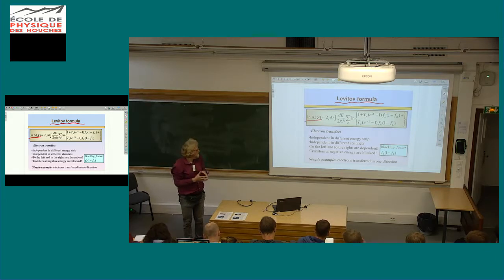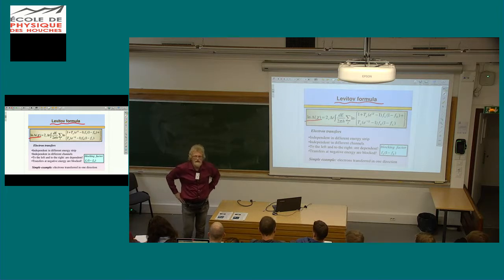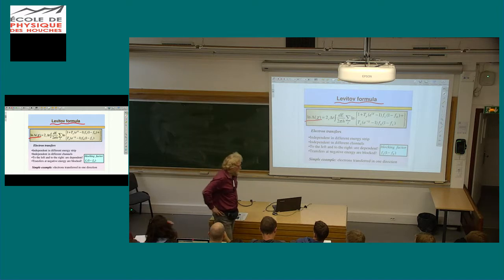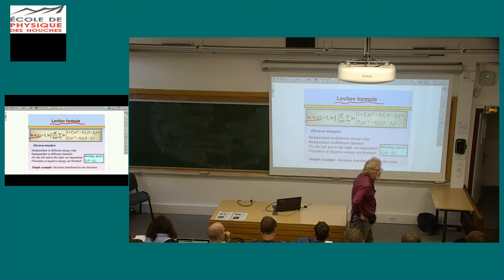That we can accept. What is a bit difficult to accept, although it's pretty simple, but requires some recognition: electrons coming from the left and from the right. Are they independent? Well, from physical reasoning, one of the most important elements of physics is the locality principle.